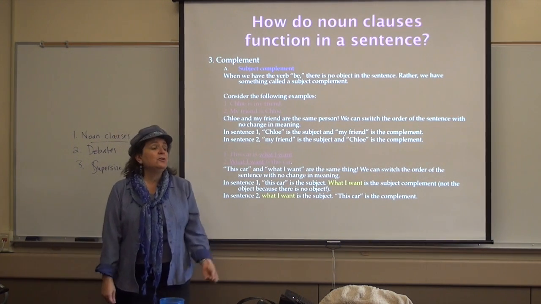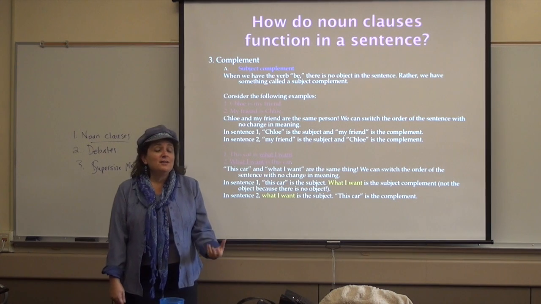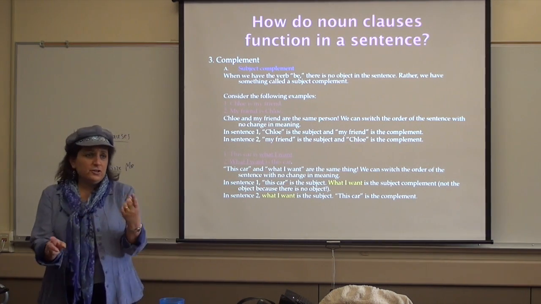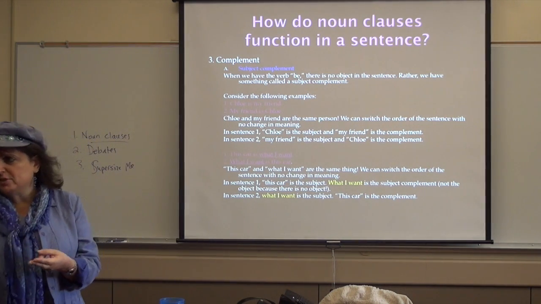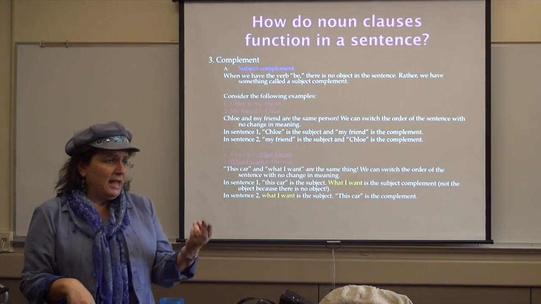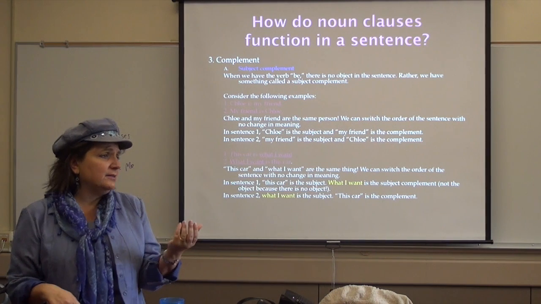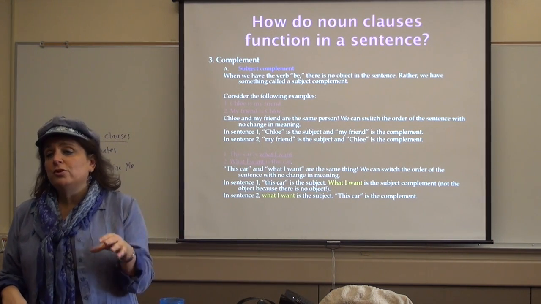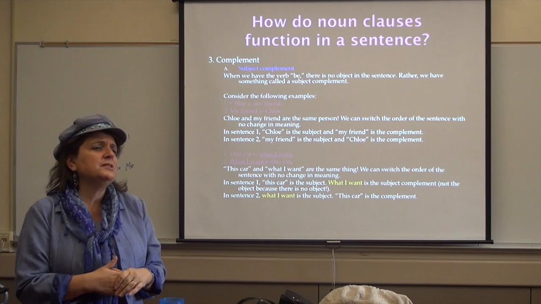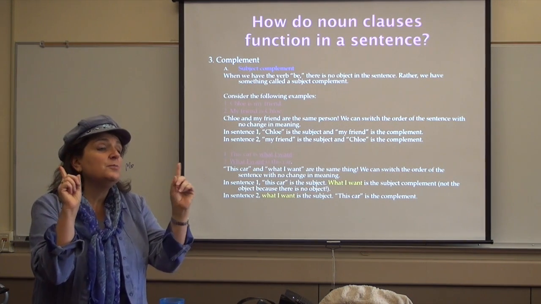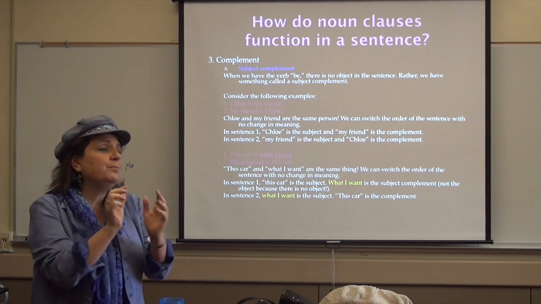So noun clauses can function as the subject, they can function as the object of the preposition and the object of the verb. And now I'm telling you, they can also function as the subject complement. You'll hear that word a little bit more later in the course. It has to do with the verb be.